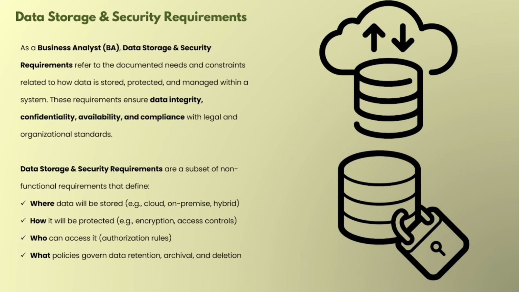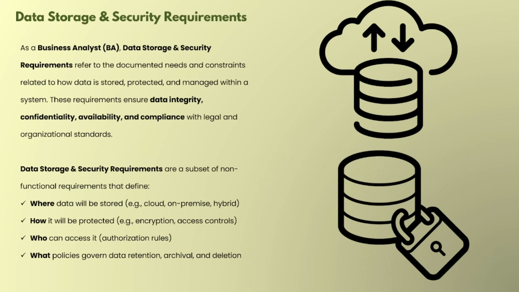We generally ask stakeholders while we are gathering the requirements where data will be stored. For example, we decide where to keep the data, like on the company server or on the cloud, or it should be hybrid. Means data should be stored on the company server and the cloud, something like that. We ask them, and on the basis of that, we note down exactly what the stakeholders decide.